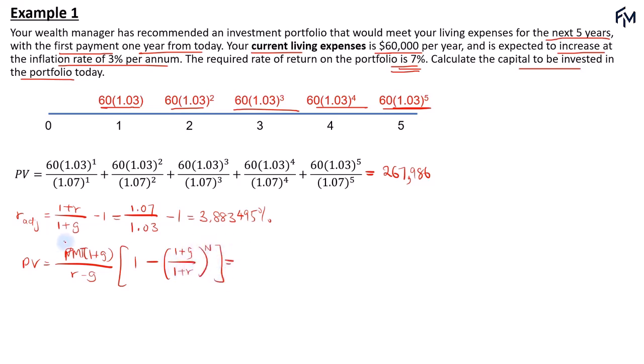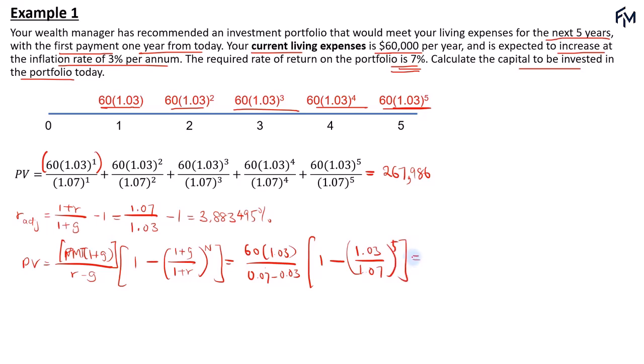So the PMT times 1 plus G here is equal to the first year's cash flow. So that's 60 times 1.03 over R, which is 7%, minus 3%. And then multiply by 1 minus 1.03 for the growth rate over 1.07 for the discount rate to the power of 5.